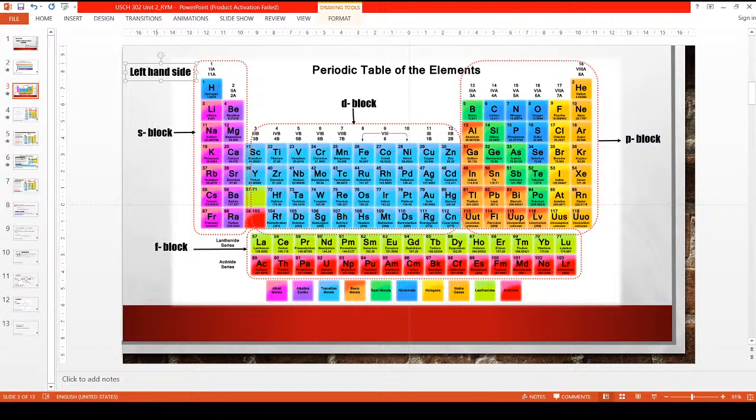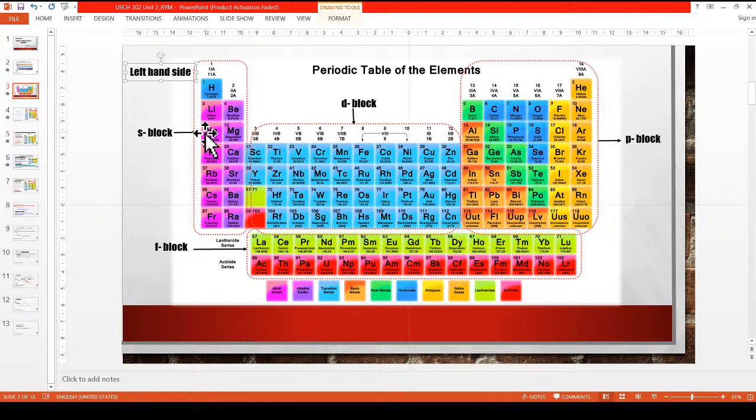So when periodic trends are explained, it is from left to right, how periodic properties move. This opposite side will be the right hand side.